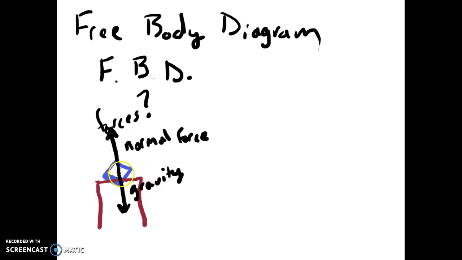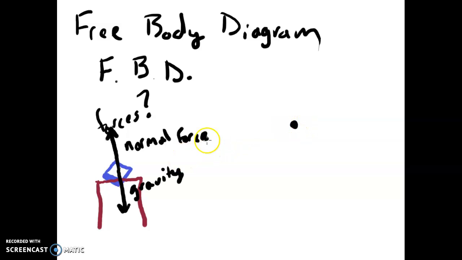So to make our life easy, I don't have to get my artistic skills out and draw a book and a table or whatever I may be trying to represent, a ball and a thrower or really anything here. What we can do instead is represent our forces really conveniently with what's called a free body diagram. And all that is we just use a dot to represent our object.